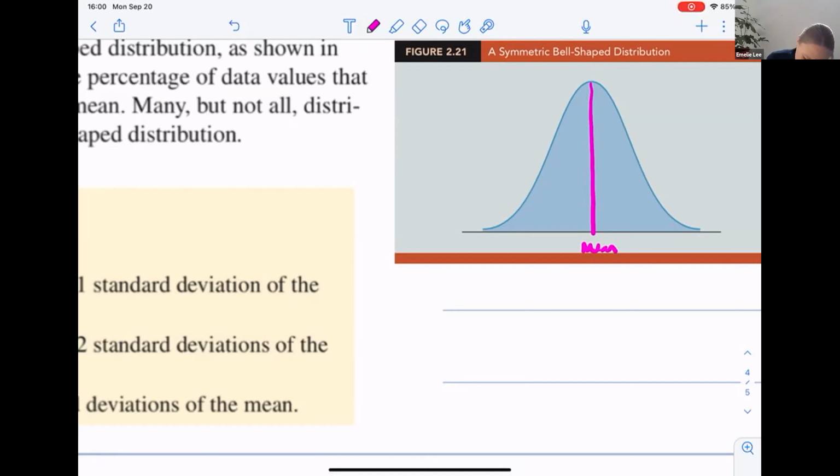And then if I move out 1, 2, 3 standard deviations on either side, kind of lopsided here.